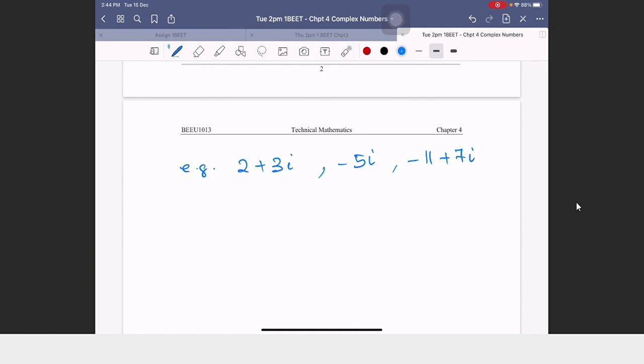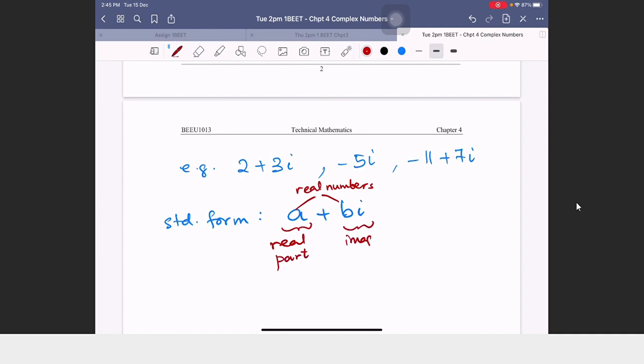By the definition, the standard form of a complex number is written in the form a + bi, where a and b are real numbers, and a can be called the real part and b the imaginary part.